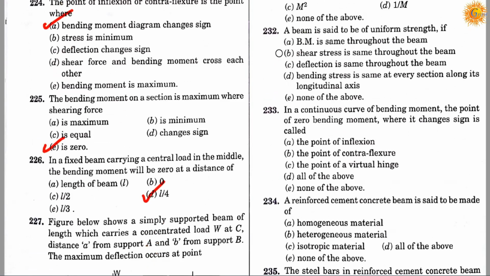Question number 232. A beam is said to be of uniform strength if option A, bending moment is the same throughout the beam, option B, shear stress is the same throughout the beam, option C is deflection is the same throughout the beam, option D is bending stress is the same at every section along its longitudinal axis, and option E is none of the above.